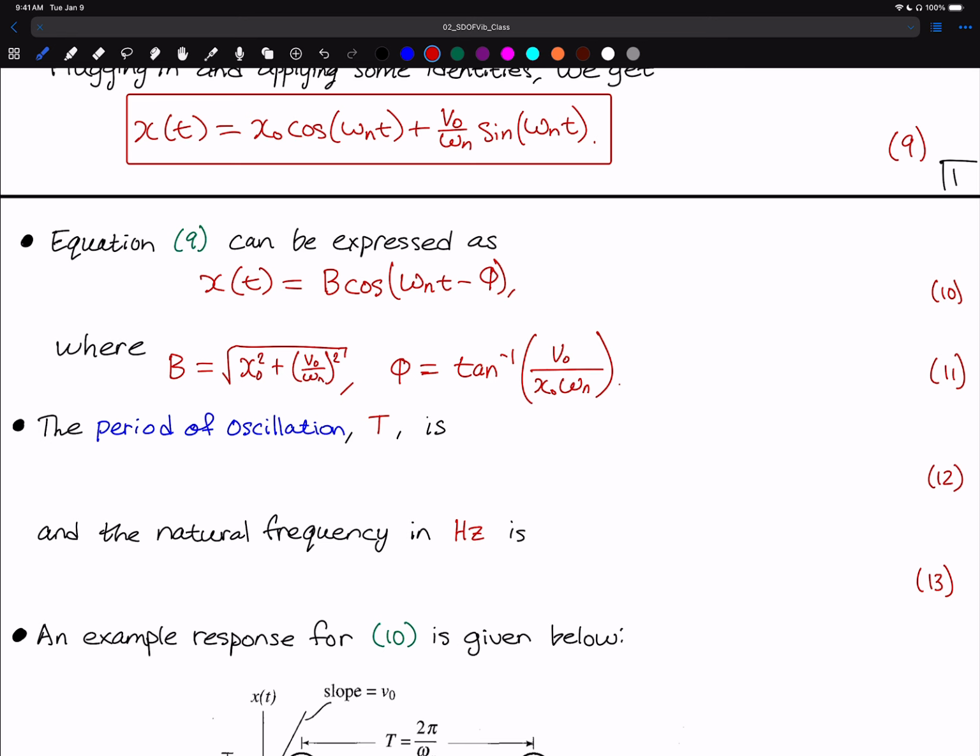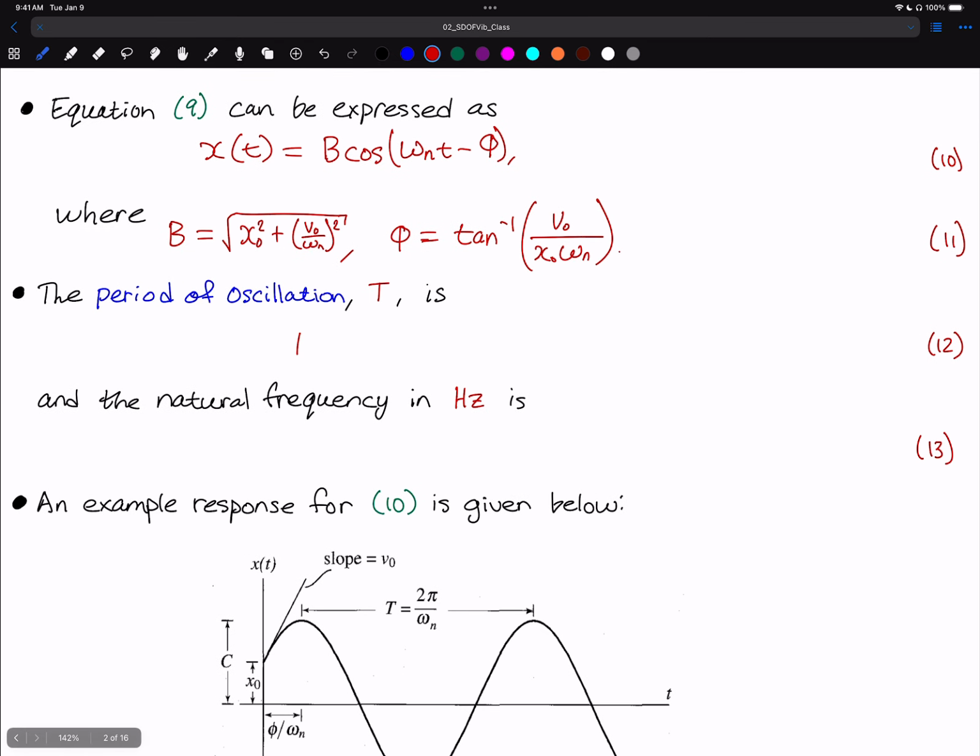Okay, so the period of oscillation, or what we'll call big T here, is equal to 2 pi over omega n, and the period of oscillation is the amount of time it takes for the oscillation to complete a single cycle, and we'll talk about that in a moment when we see the example response in the plot below.